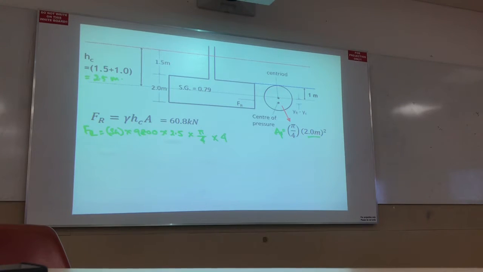Then the specific gravity here is 0.79, right? Times 9800 times 2.5 times 5. Then I get 60.8 kilonewton. The unit here is Newton.